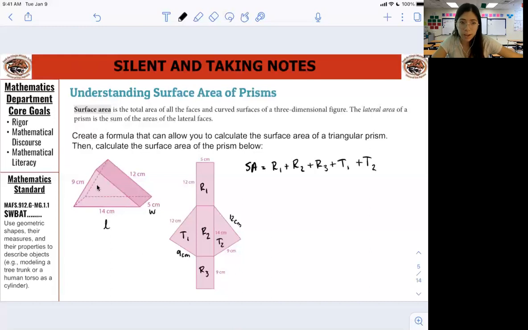Okay, no, we do not. So how would I find the area of this triangle? Any ideas? Because I'm going to need T1 and T2. I need the area, but I don't know the height. Kind of stuck, aren't we?